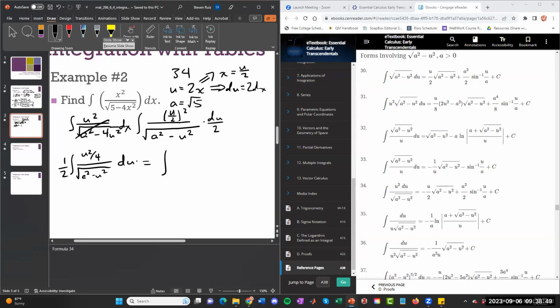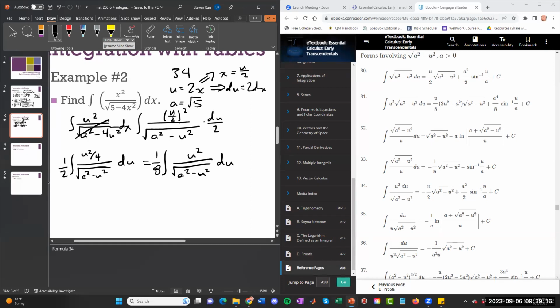And then we also had a vote to pull the 1/4 out, right? So I believe this becomes 1/8 times the integral of u squared over radical a squared minus u squared du. Are we happy with that? Does that mimic the table? Okay, so that should be good.